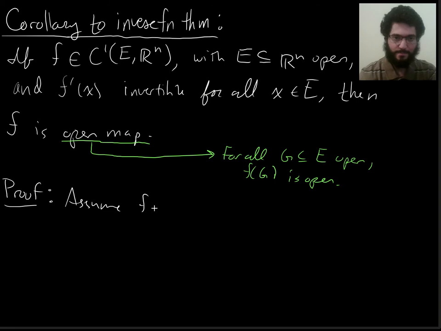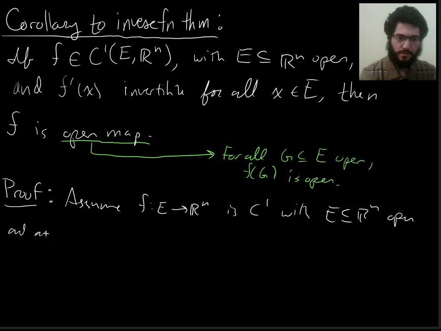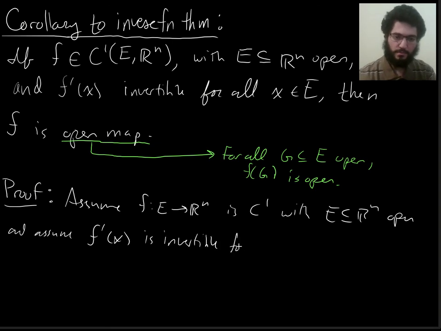Assume f from E to Rn is C1, with E a subset of Rn open, and assume f prime x is invertible for all x in E. Then let G be open.